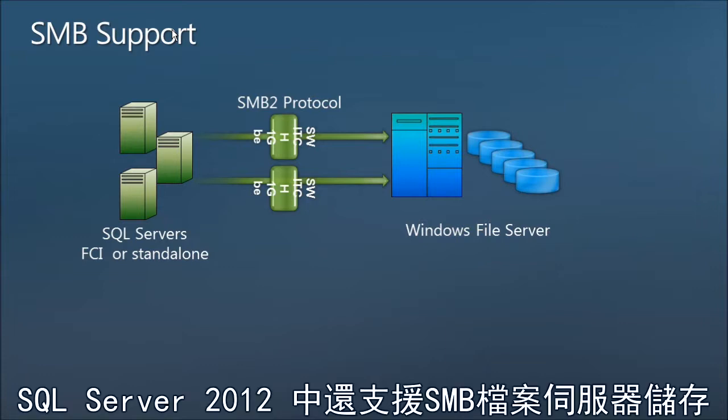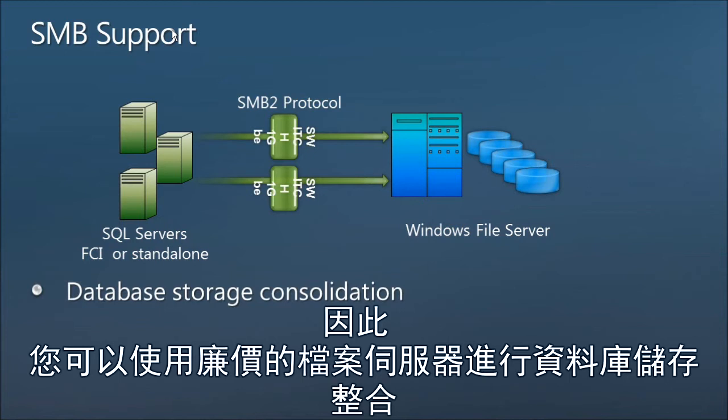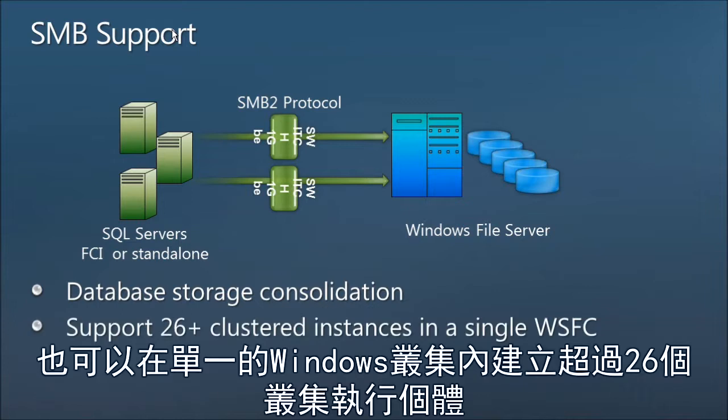In SQL Server 2012, SMB file share storage is also supported. So you can use a cheap file server to do the database storage consolidation. Also, you can create more than 26 cluster instances in a single Windows cluster.